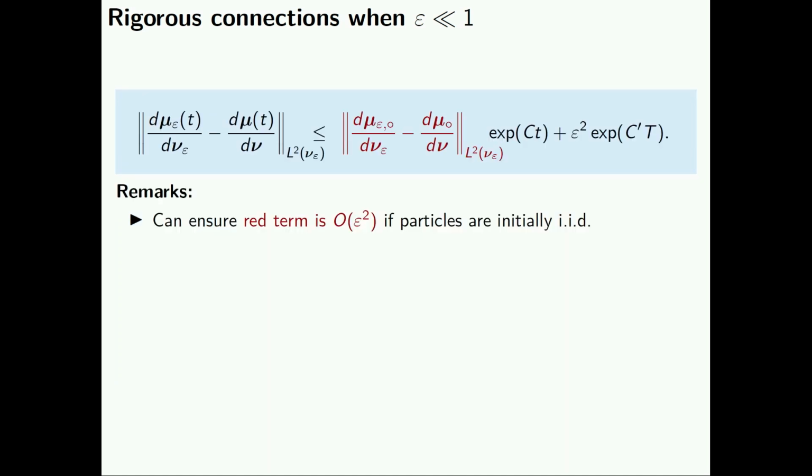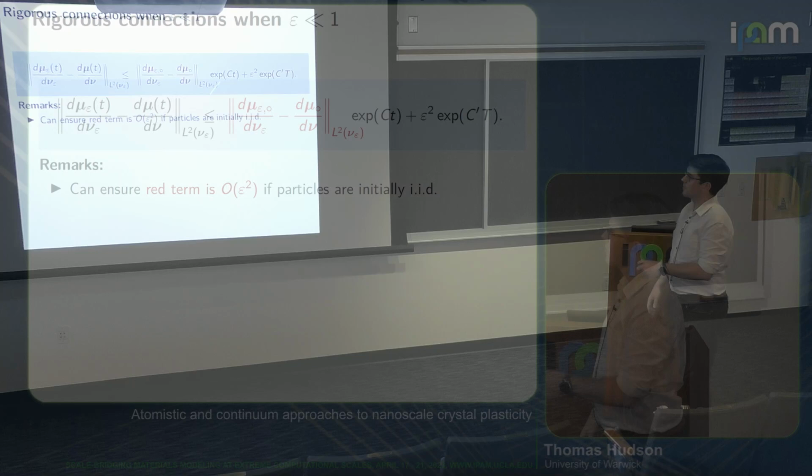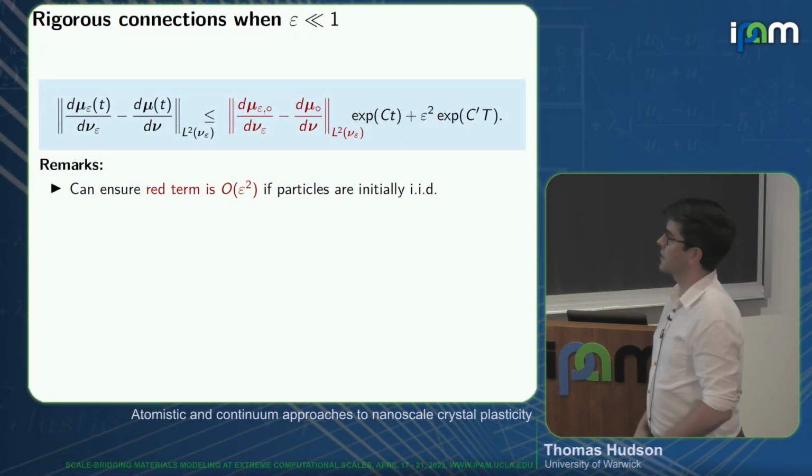We can take this initial error to be order epsilon squared as well if particles are initially identically distributed, which is what you would expect because you can't distinguish dislocations. If I swap their positions, it looks exactly the same. Then I get the same order of error in these two terms.